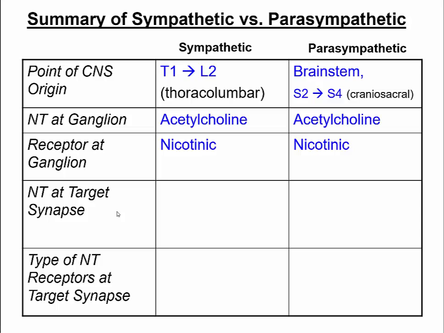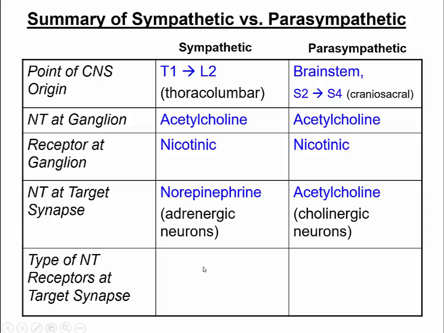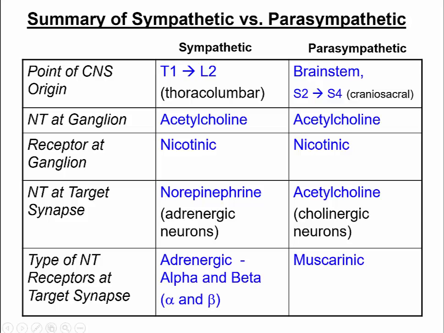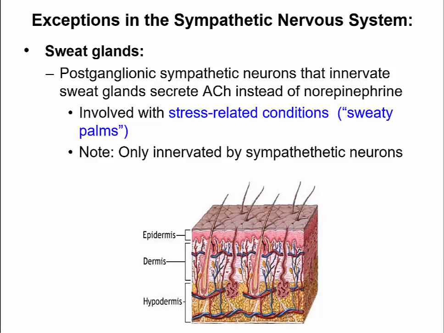In general, and we'll see there are some exceptions to this, it's going to release norepinephrine, whereas parasympathetic is going to release acetylcholine. Type of neurotransmitter receptors at the target synapse: for sympathetic, it's going to be your adrenergic, such as your alpha and beta receptors, and parasympathetic is going to be muscarinic. In the next video, we're going to be going over some of the exceptions in the sympathetic and parasympathetic nervous system to those general rules that we were talking about.